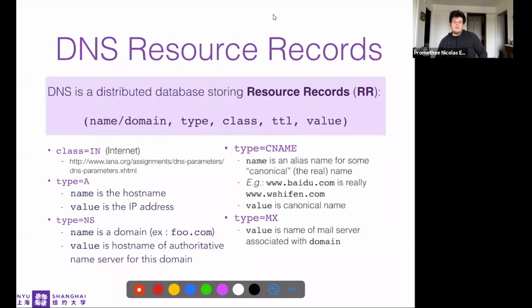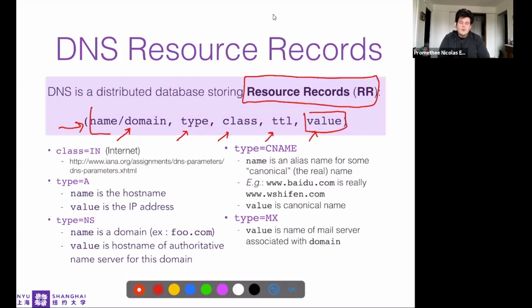So one of the things that you need to understand again is that DNS is a database. We have the name, we have the type, we have the class, we have the TTL, and the value. And the value and the name will depend on the class. So be careful, the information inside one of those records will depend on the class.